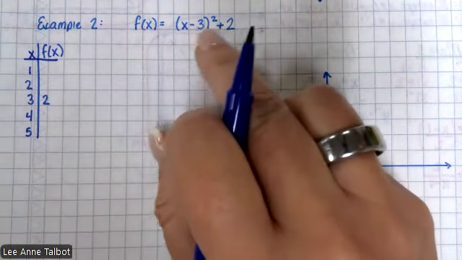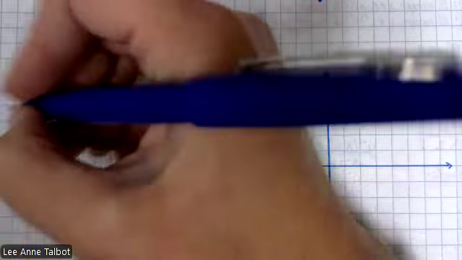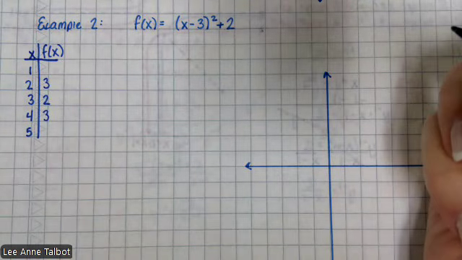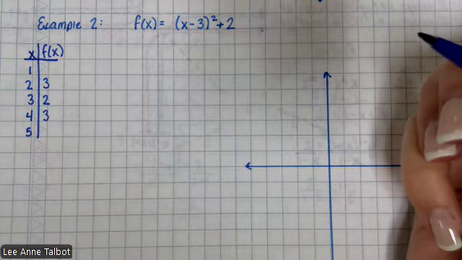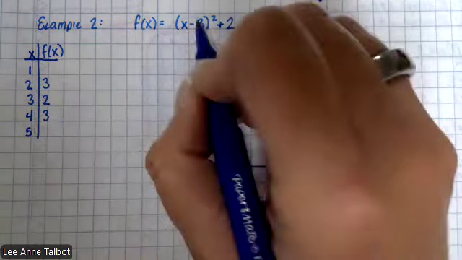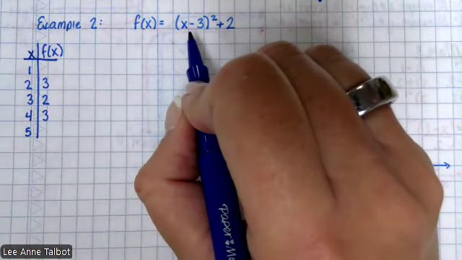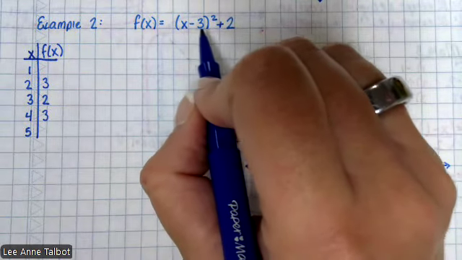Okay, 4 minus 3 is 1 squared is 1 plus 2 is 3. I really don't even need to make a table. I just want the table for the inverse because I have the a equals 1 trick I could use. But anyway, 5 minus 3 is 2 squared. 4 plus 2 is 6.